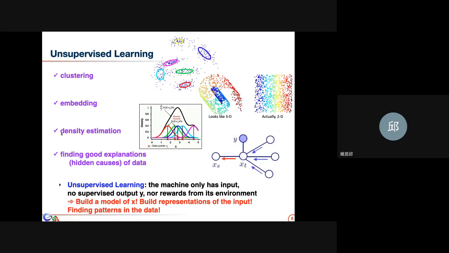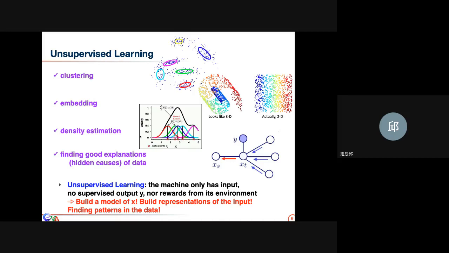The third category is density estimation. Density estimation is trying to find a function of your data set.